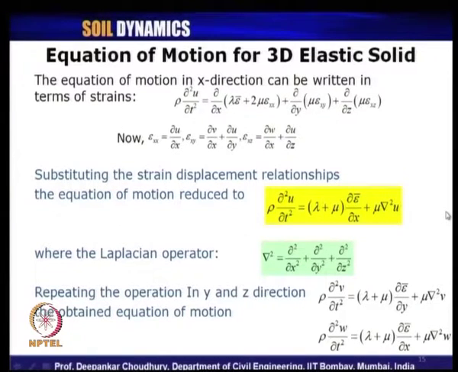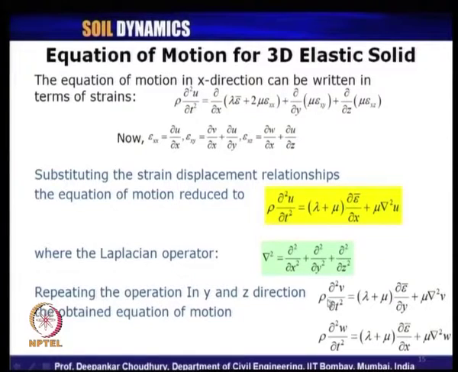That is the total equation in the x direction using this Laplacian operator grad square. Similarly, the equation takes the shape for the other two directions, y and z, like this. So, we can simply write this directly.